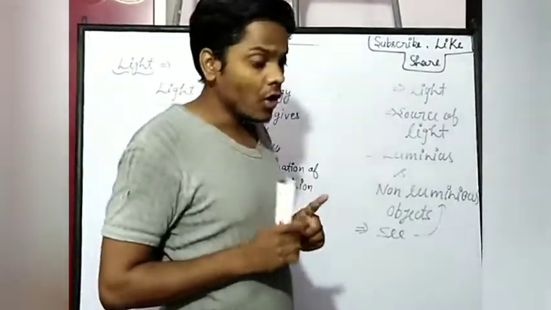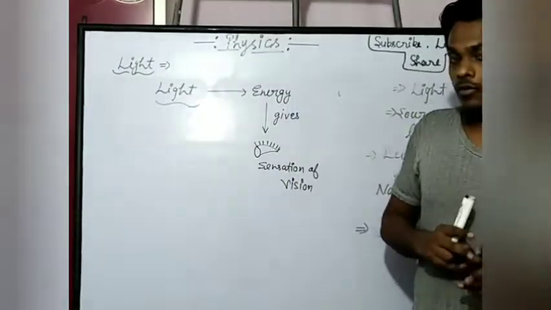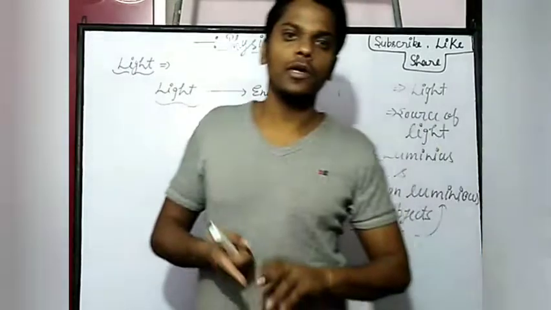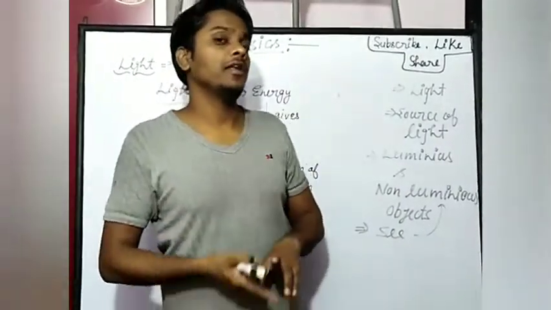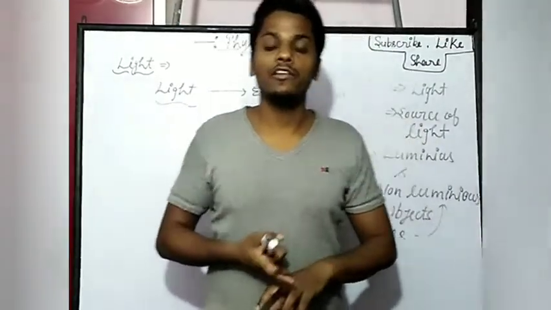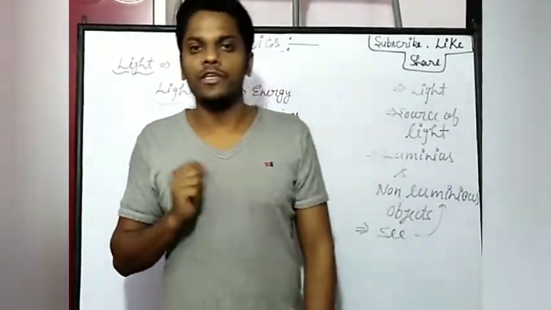Now there are two types of objects. We have taken as examples the LED bulb, the sun, and the moon. So there is a difference between them.